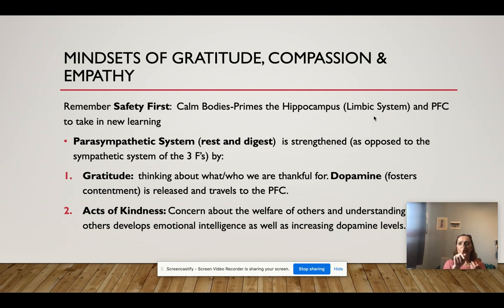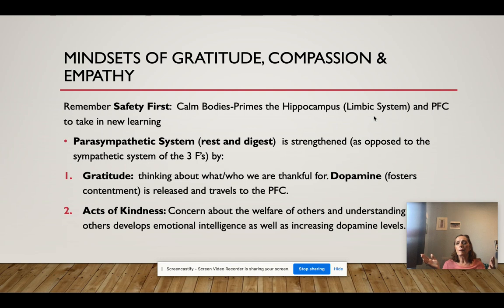Okay, we have the ability to diminish that fight, flight, freeze response by doing exercises and having mindsets of gratitude and acts of kindness. Through gratitude, compassion, and empathy, what we're seeing is that dopamine and oxytocin are released.